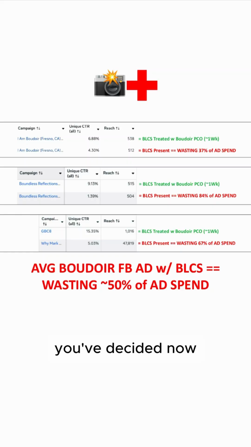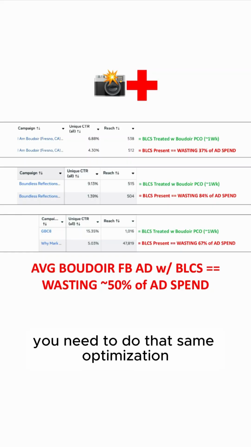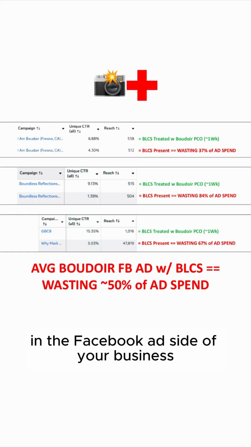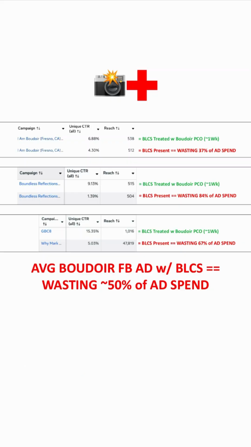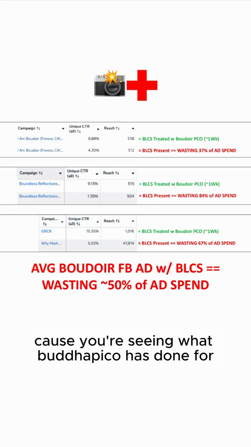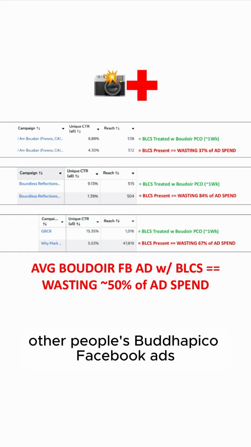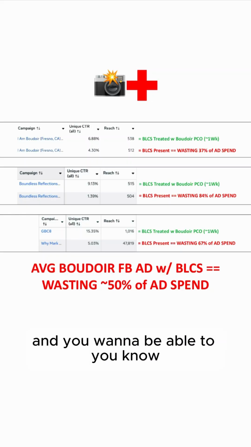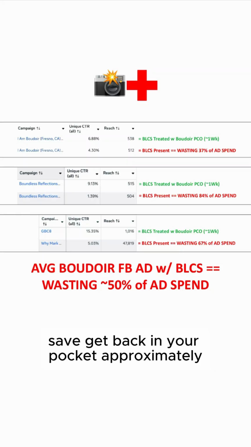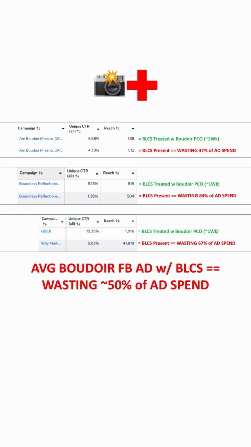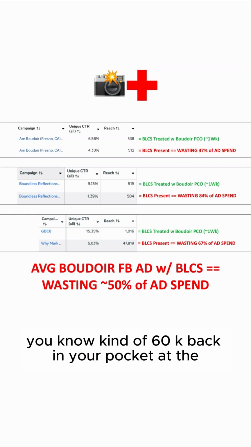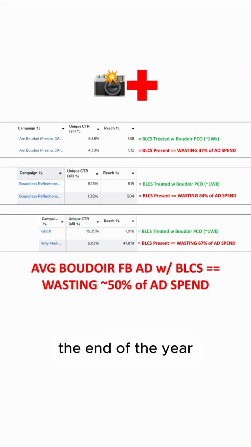You've decided now you need to do that same optimization on the Facebook ad side of your business, because you're seeing what Boudoir Pico has done for other people's boudoir Facebook ads, and you want to get back in your pocket approximately 5K every single month, or 60K back in your pocket at the end of the year.